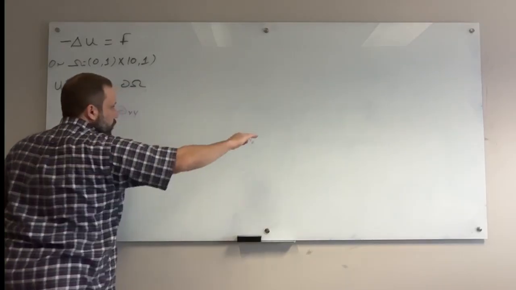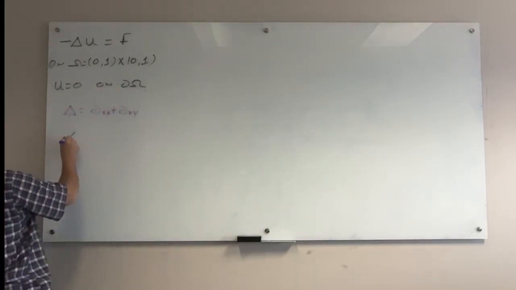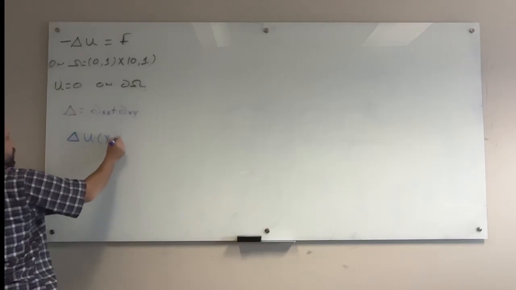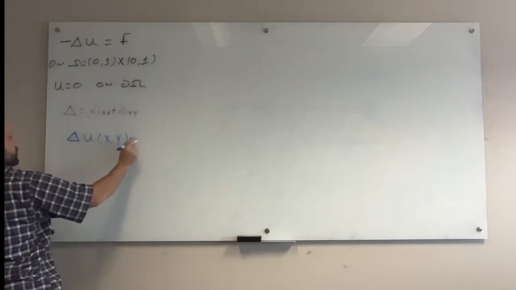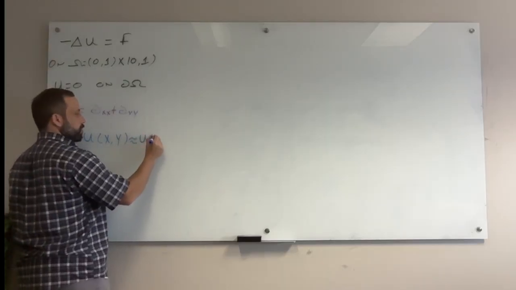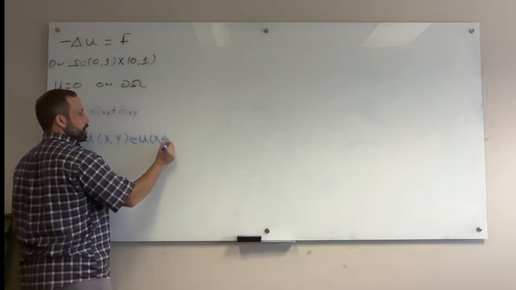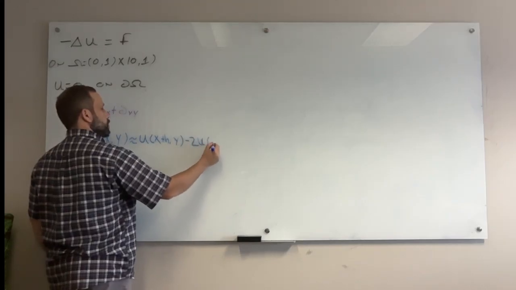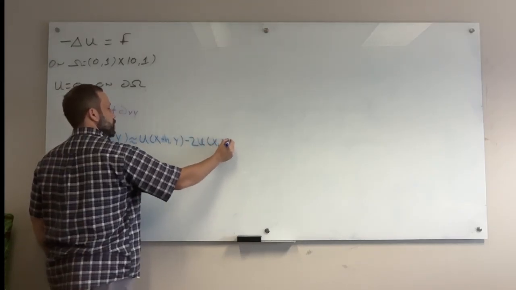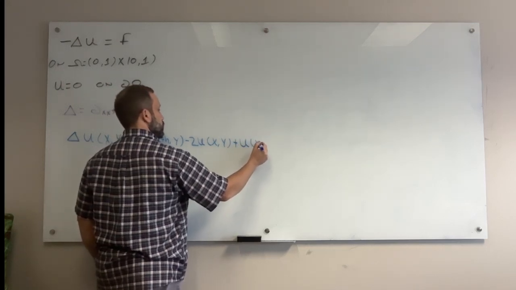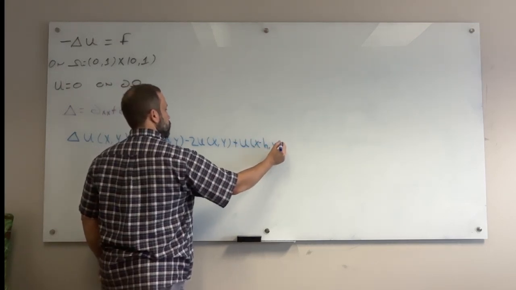So the Laplacian of u(x, y), again, I'm going to do the variation in the x variable. So we're going to have u(x plus h, y) minus 2 u(x, y) plus u(x minus h, y).